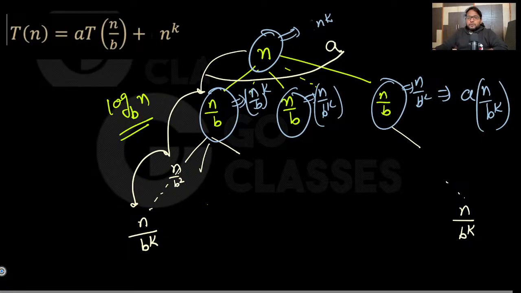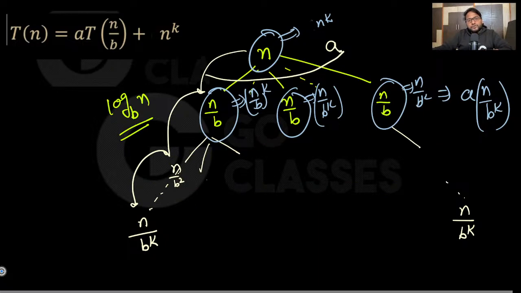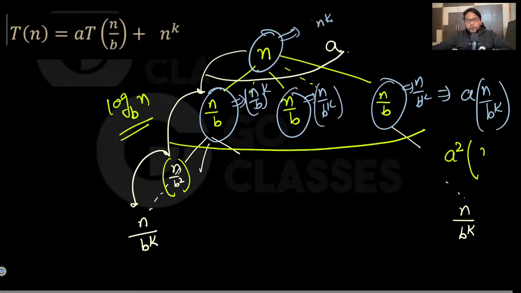Now how much work are you doing at this level? Can anyone tell me? This is n upon b square, so you are doing n upon b square power k. And how many children will there be? If these are a, then these will be a square, because each one has a children. So a square children, each of which is n upon b square power k. Let me know if that is okay to everyone.